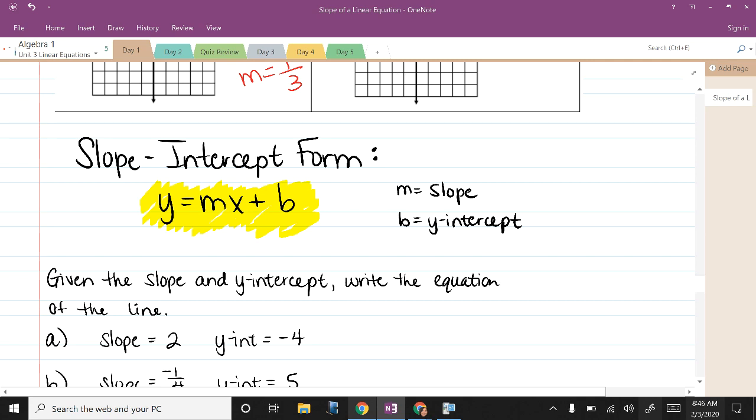And m represents the slope. What does b represent? Y-intercept. What does a y-intercept mean? Where your line crosses the y-axis. Very good. And an x-intercept is where you cross the x-axis. We talked about that when we did zeros of a polynomial last unit, didn't we? Yeah.